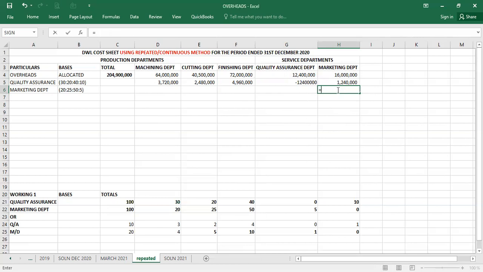It will be the sum of this and that. Close the bracket, press enter. This is what we are distributing out, so we can put it in a bracket.